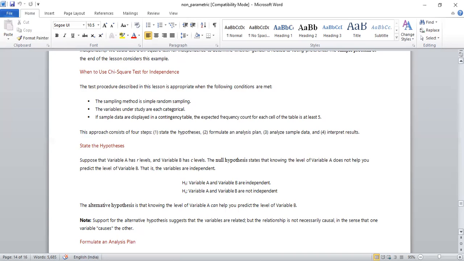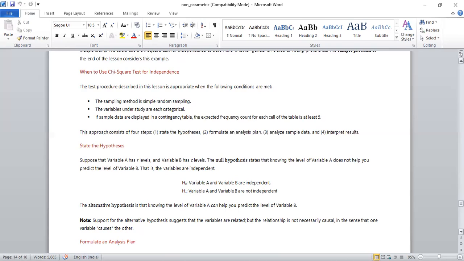Suppose that variable A has R levels and variable B has C levels. The null hypothesis states that knowing the level of variable A does not help you predict the level of variable B. That is, the variables are independent. So variable A and variable B are independent. In the alternative hypothesis, variable A and variable B are not independent.